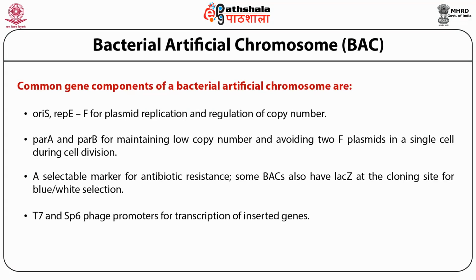Bacterial artificial chromosomes are bacterial cloning vectors derived from F plasmid that can accommodate up to 350 kilobase pair, most commonly 120 to 150 kilobase pair of DNA sequence. This has a considerably lower error rate than the still larger capacity yeast artificial chromosomes. Bacterial artificial chromosomes usually exist in single copy per cell.